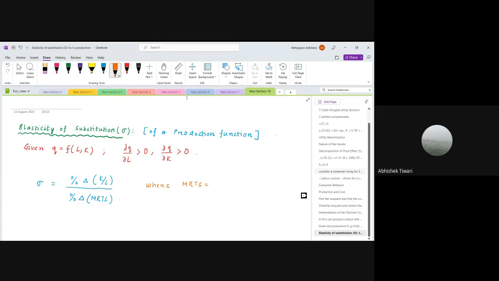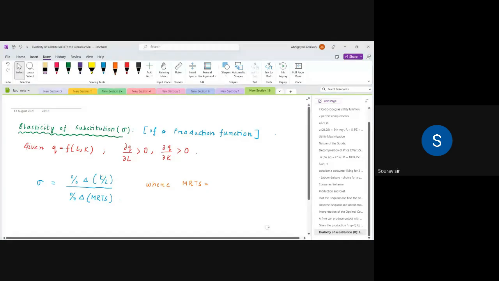Yes, sir. It was like what will be the change in the labor to the change in the capital? Hmm, couldn't follow you exactly, Abhishek. Let me reinterpret this once for all of you. MRTS, if we look at it graphically, is the absolute slope of the isoquant.